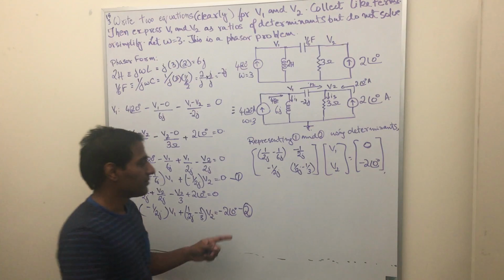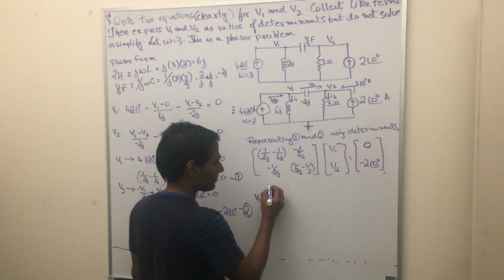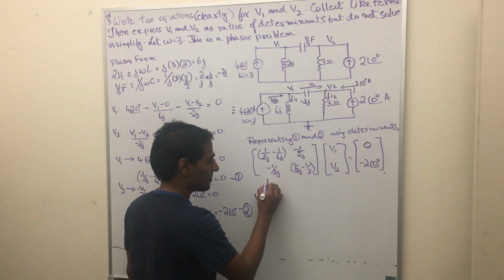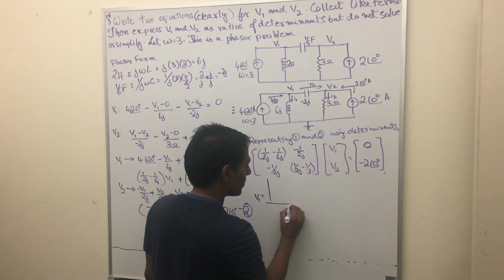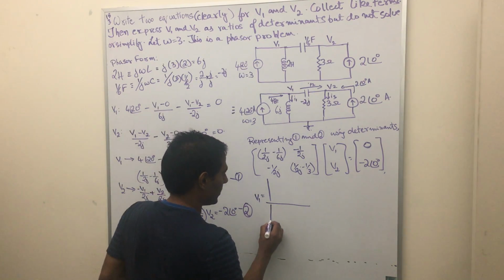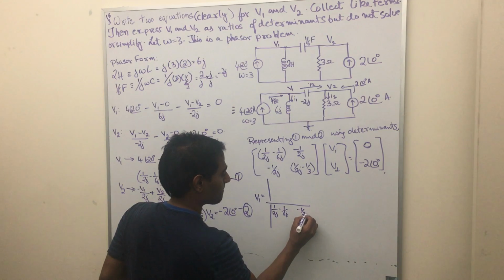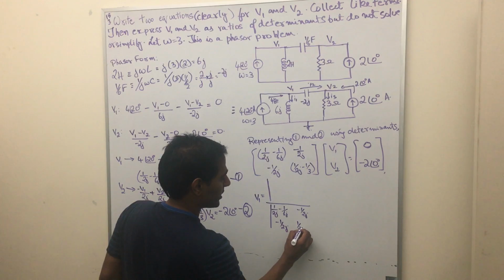So to calculate V1, you would use Cramer's rule. The denominator would be the determinant of this matrix: 1 by 2j minus 1 by 6j, minus 1 by 2j, minus 1 by 2j, 1 by 2j minus 1 by 3.